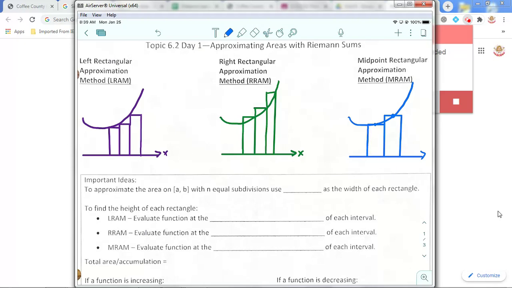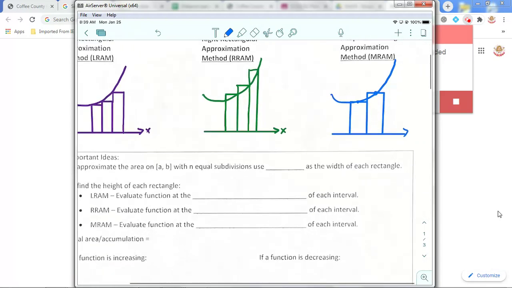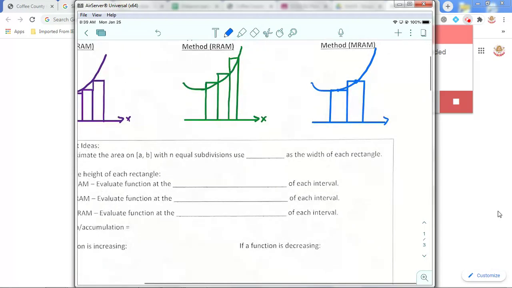All right, so that gives a good idea. All right, so on this one, the midpoint of the rectangle is on the graph.